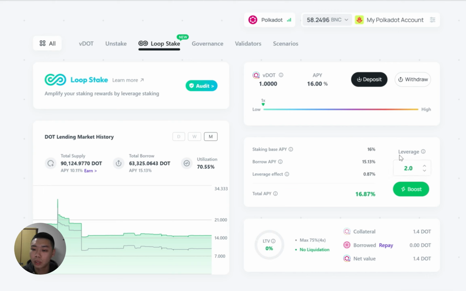It means 2 times leverage, and it provides you an actual 0.87% of APY. So 0.87% is the leverage effect, which means we have created one leverage on top of our principal, right? And if we leverage 3 times, then it is doubling the leverage effect.